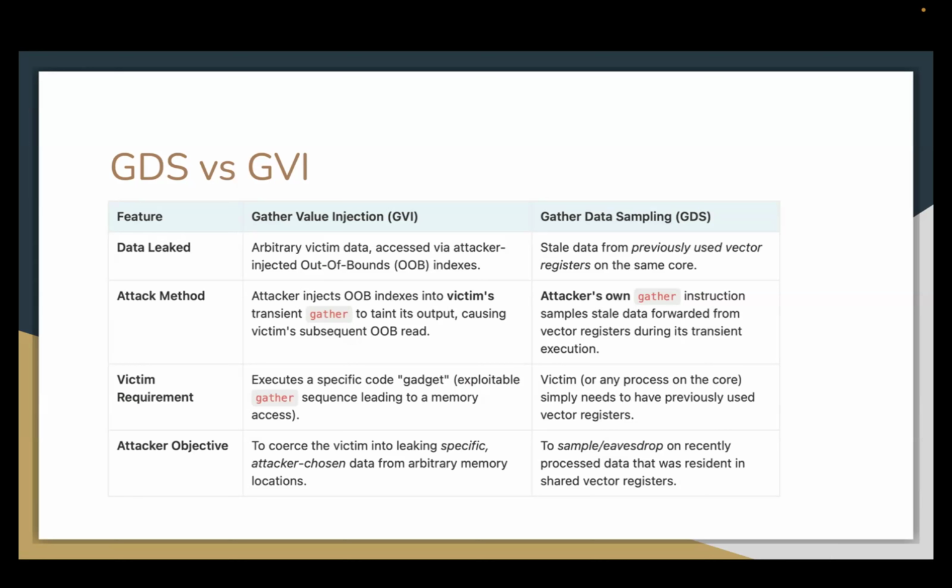And for the gather value injection attack, the purpose of the attacker is to steal the out of boundary memory data, which can be accessed by the victim here. So these are two different kinds of attackers.